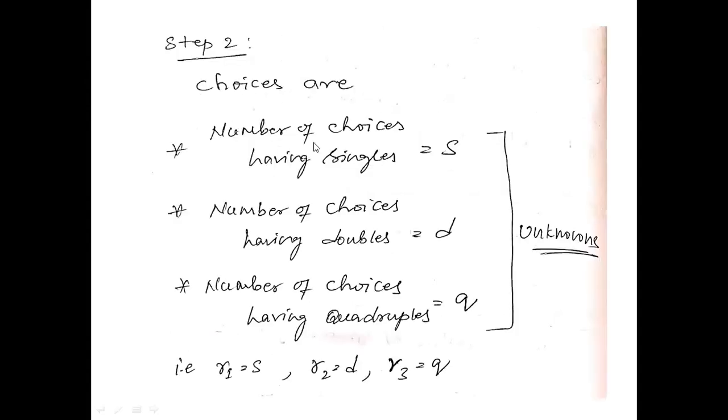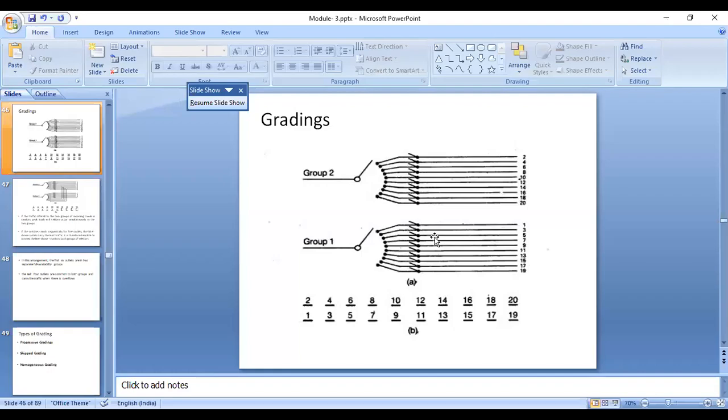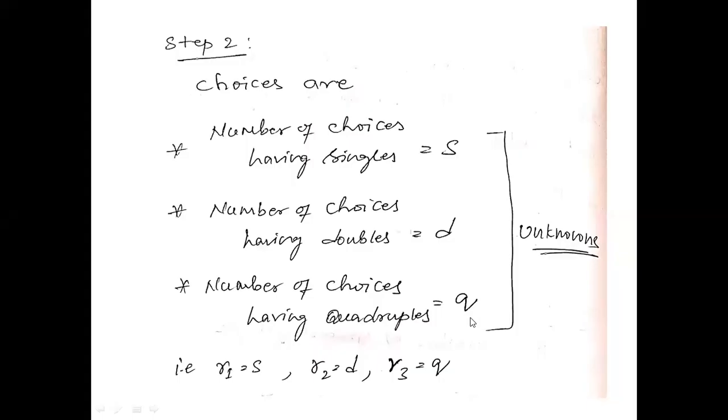Then step 2 is to choose the unknowns. Given the group of trunks, how many outlets should not be combined, or should be left free as they are, how many outlets from 2 groups must be combined, and how many outlets from all 4 groups must be combined, which is also called the common.